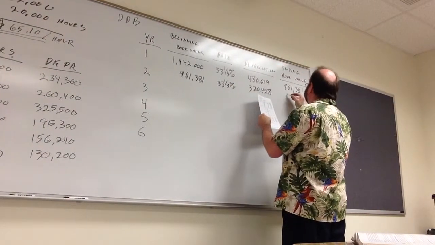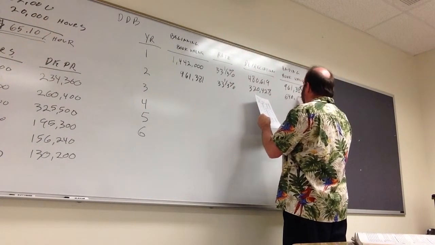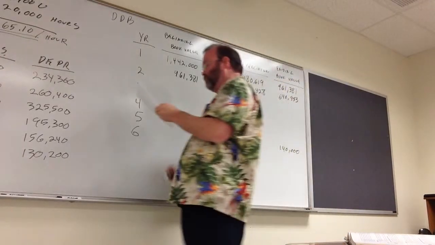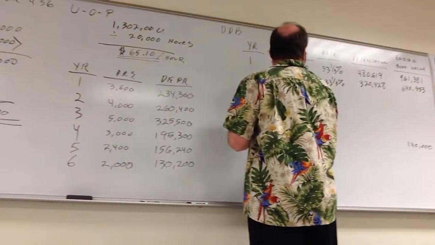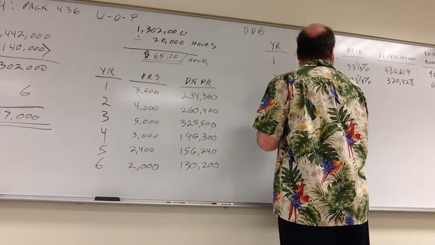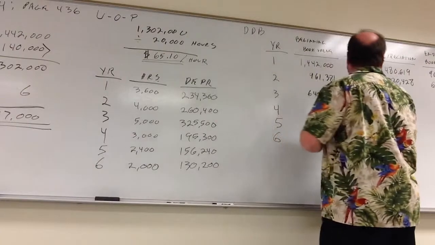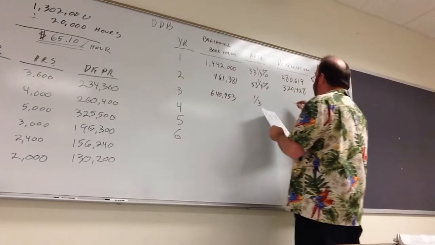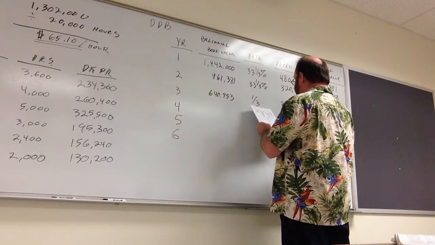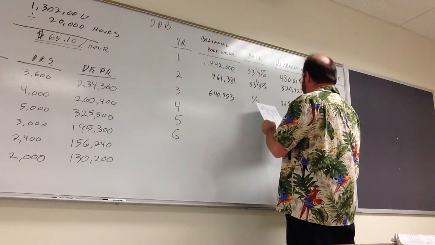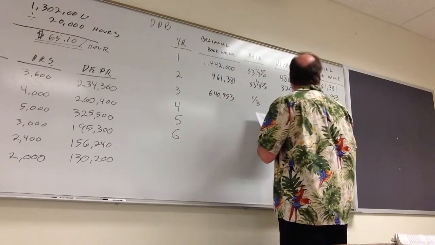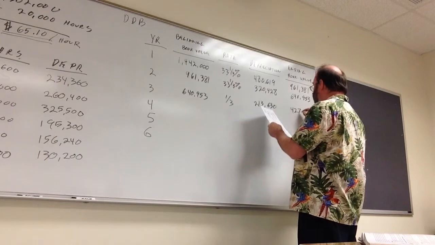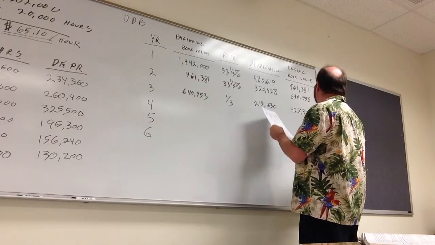Now we have $640,953. $640,953 times 1/3 is $213,630. Now we're down to $427,323.